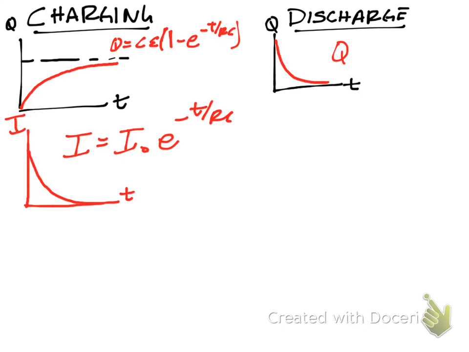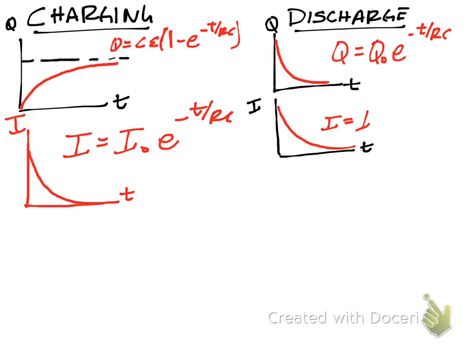And that's, when we solve for it, Q is equal to Q0 times e to the negative t over RC. And for a discharging capacitor, we start off with some current and we lose it. And you'll notice when you take the derivative of that, you're going to end up with the same thing. I is equal to I0 times e to the negative t over RC.